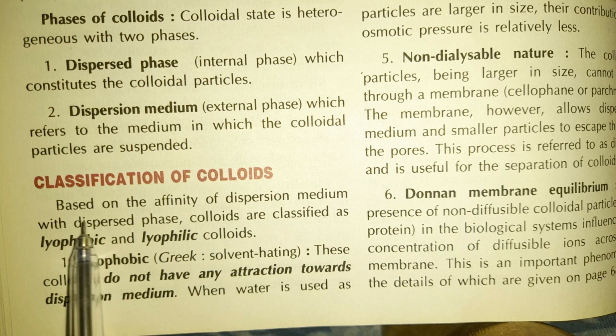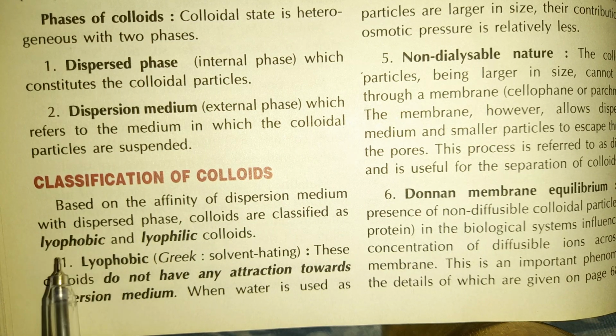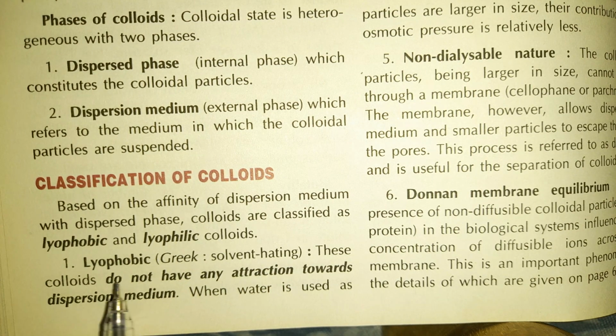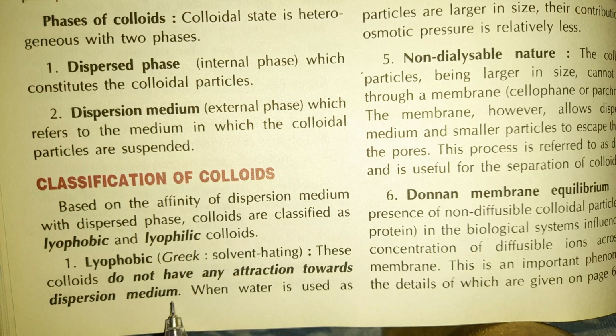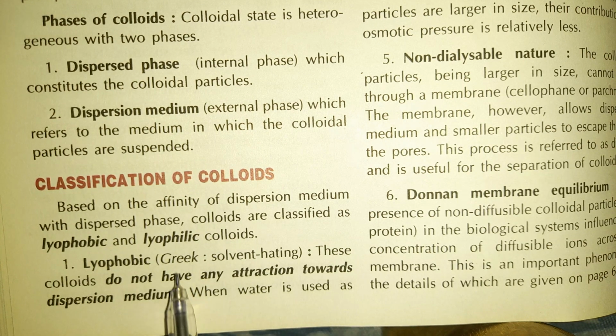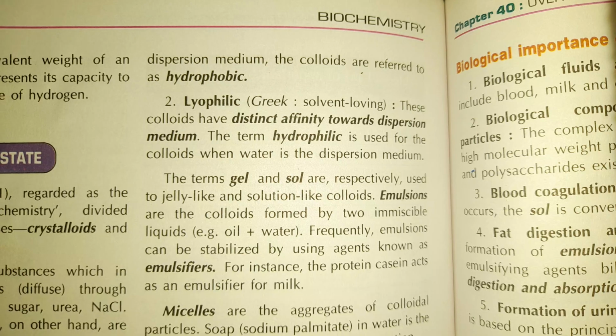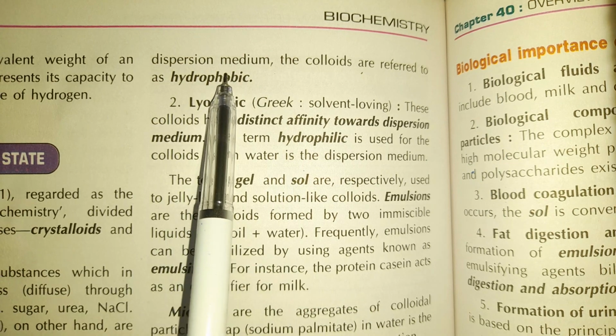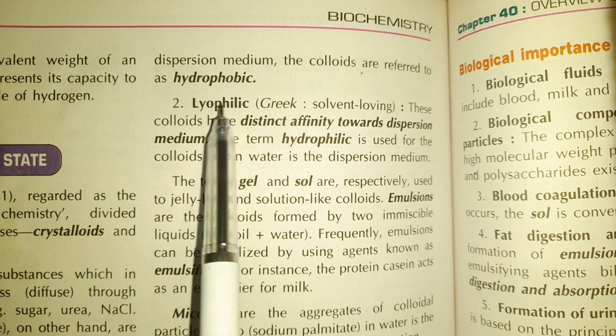Whereas if they do not have any type of interaction, phobic, it means that it hates the solvent. Such substances do not have any attraction towards the dispersion medium, that is, there is no attraction between the solvent and the solute. And such substances, the lyophobic ones, are generally referred to as hydrophobic ones.